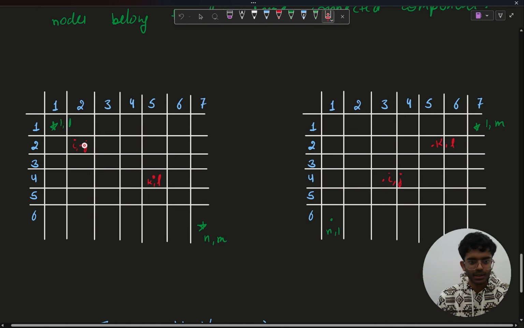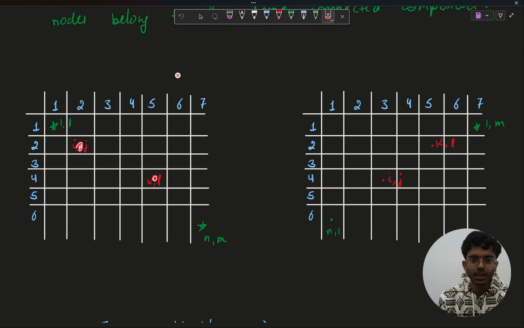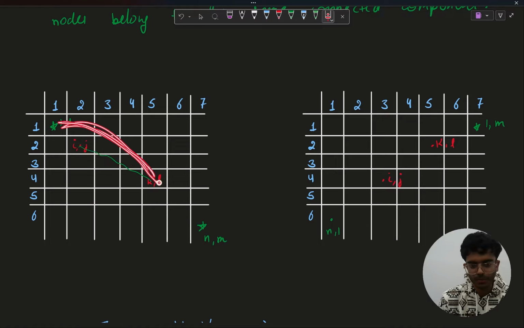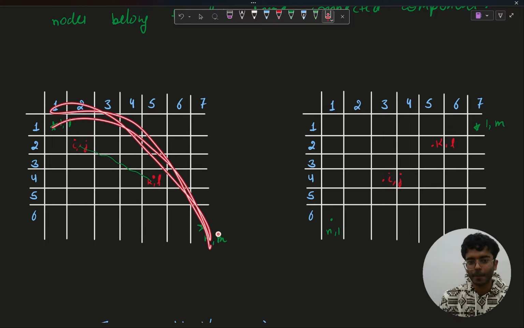So let us say that this is one node and this is some other node, and they are already connected by some edge, or we can connect them with this edge. So if we can connect these two nodes, can we connect these two as well? We can, right? And if we can connect these two, can we connect these two as well?